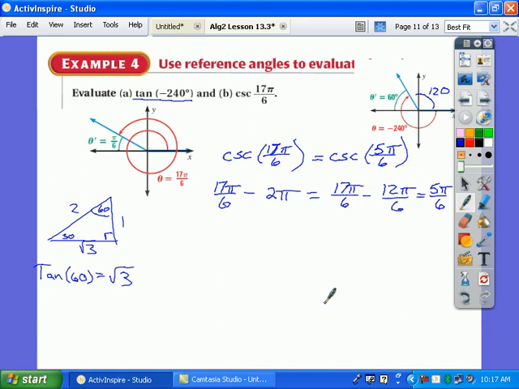Okay. So now I want to find my reference angle. Theta prime is going to equal, in quadrant number 2, pi minus theta. Again, pi gets me here, and minus theta will get me this angle here.